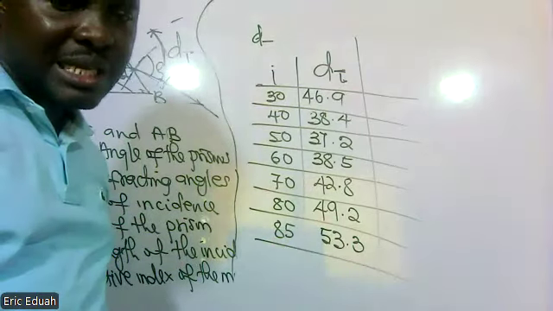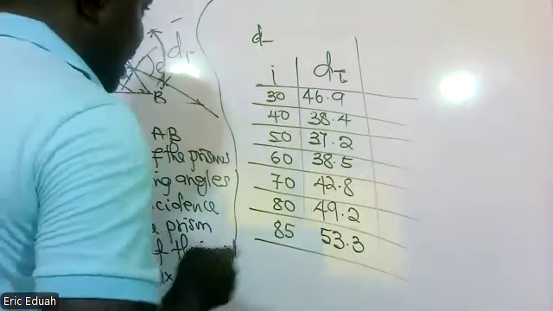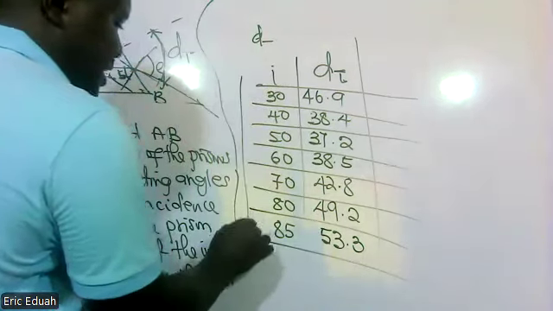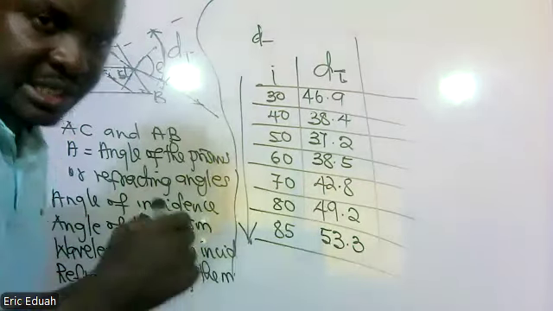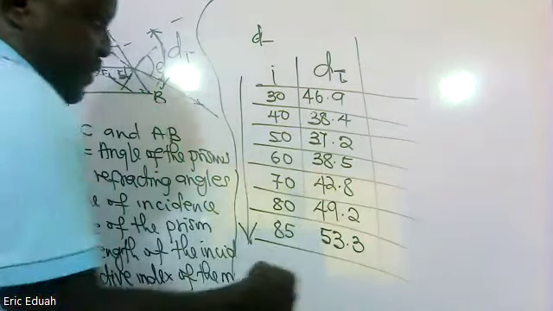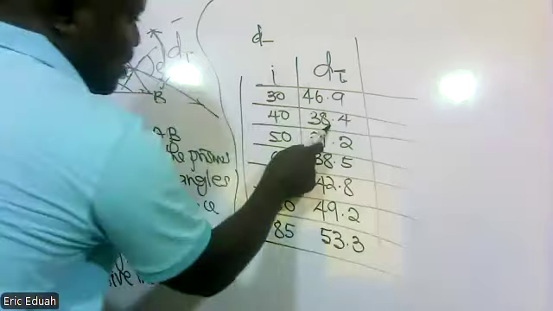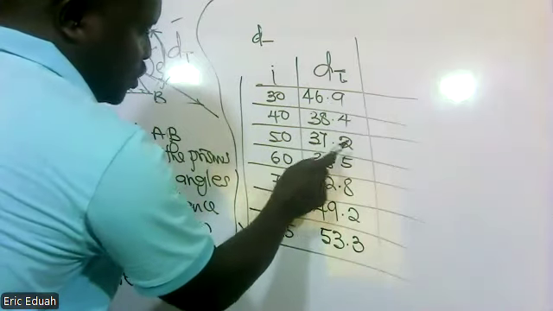Now the theory is that as I increases, the total deviation would decrease. So we have the trend being followed: 46.9, 38.4, 37.2.